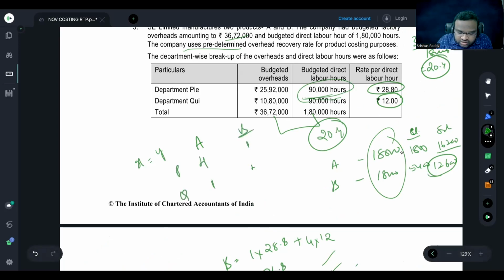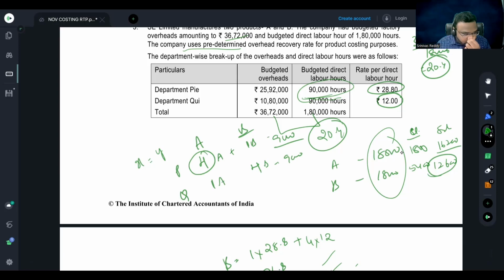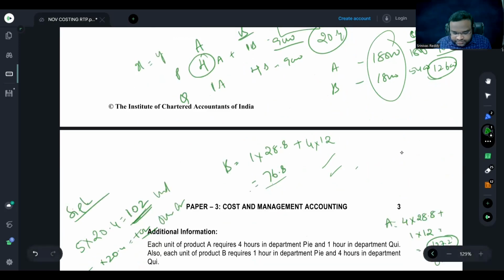For department Q, it is 1 hour and 4 hours. So let us assume 4A plus 1B should be equal to 90,000, and 1A plus 4B equal to 90,000. If we calculate based on this, you get A about 18,000 and B also 18,000. Clear? So instead of that, I directly said 18,000.